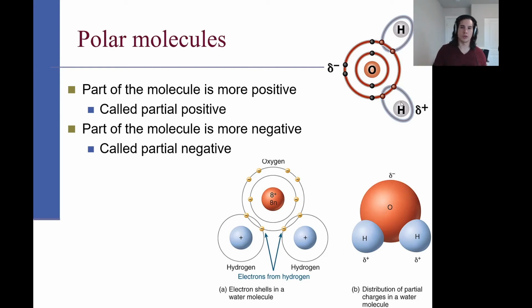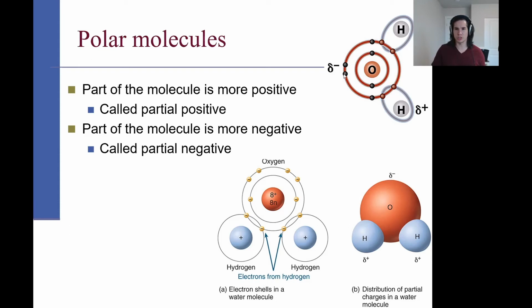The electrons are going to gravitate towards oxygen more so than hydrogen. And so what happens is these hydrogens form what we call a partial positive charge, whereas your oxygen forms a partial negative charge. So there's more electrons hanging out around this oxygen than there are around these hydrogen atoms. And so that's another thing that makes it polar.